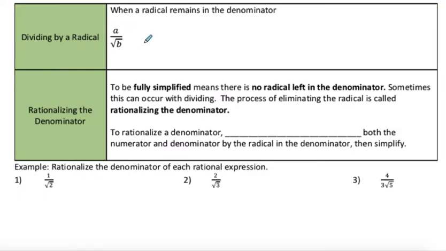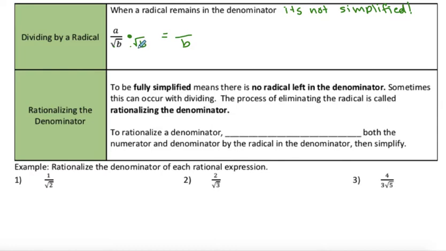So our process here, this is still dividing by a radical, but when a radical remains in the denominator, it's not simplified. So the process we're going to do is take something times itself, radical b, because this will clear that radical in the denominator.